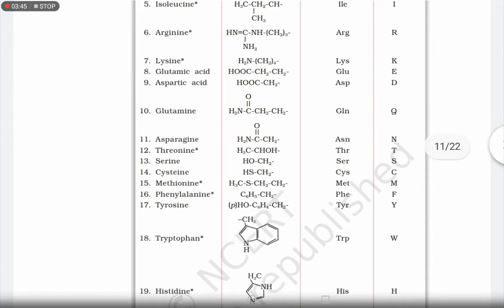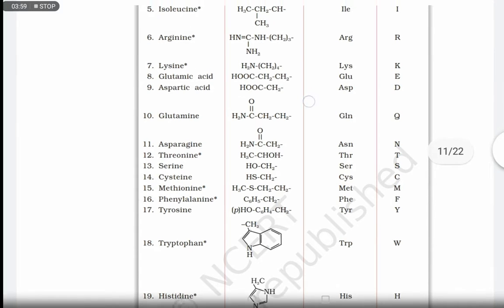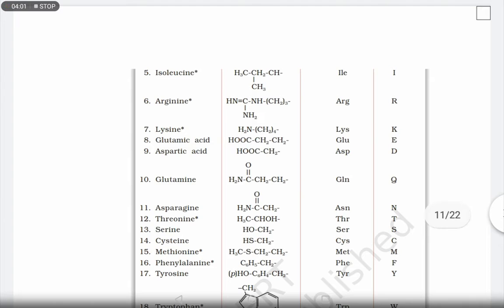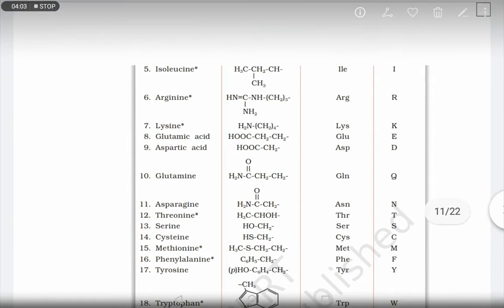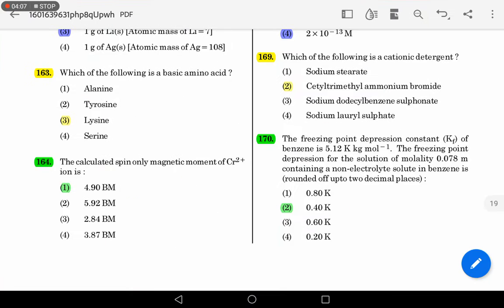If COOH groups dominate the NH2 groups, if there are two COOH groups and only one NH2 group, the amino acid is going to be acidic. So the dominance also matters, the number of amino groups and carboxyl groups. So lysine has an extra amino group in it, hence it's a basic amino acid. Lysine is a basic amino acid.